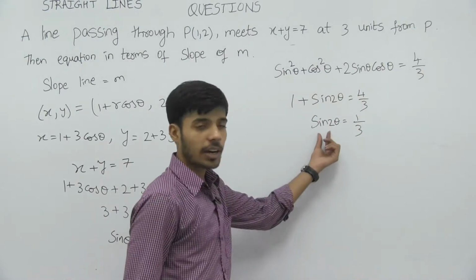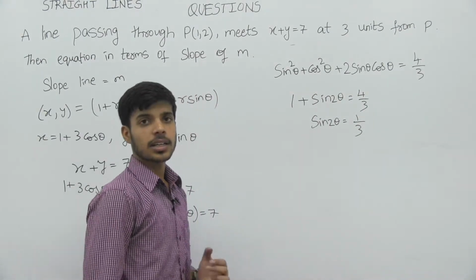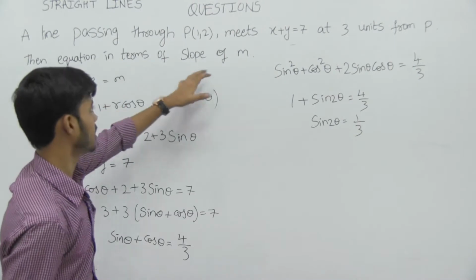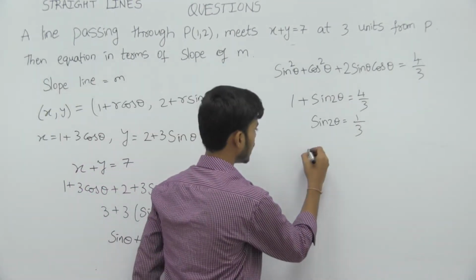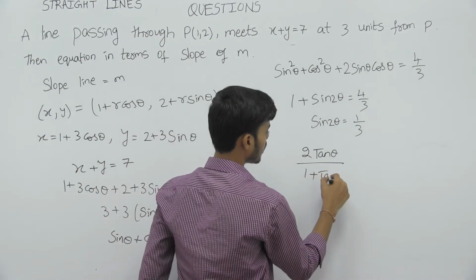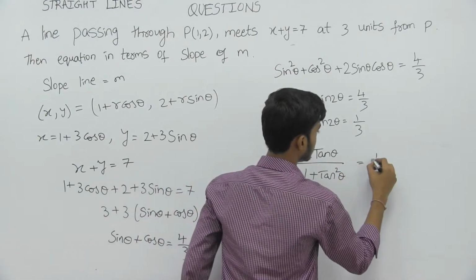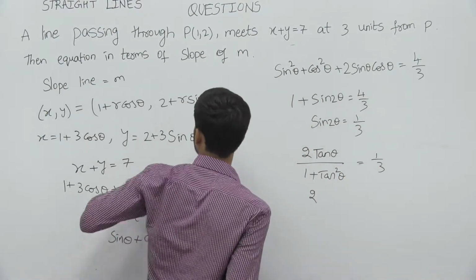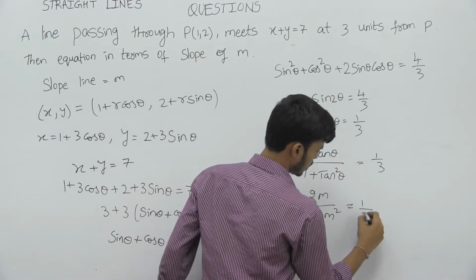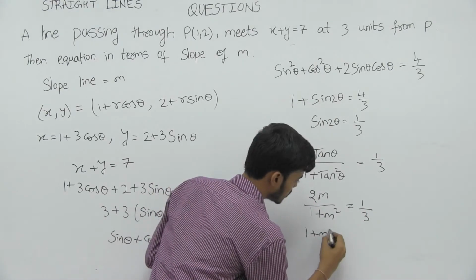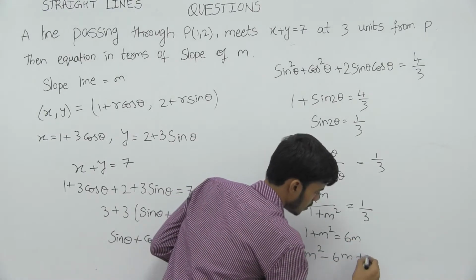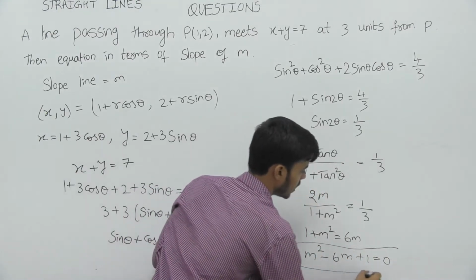Now we have to convert sin 2 theta into tan theta, because we know tan theta is the slope. Then we will finally get an equation in terms of slope. So sin 2 theta is 2 tan theta by 1 plus tan square theta, equal to 1 by 3. Tan theta is slope, so we have 2m by 1 plus m square equal to 1 by 3. 1 plus m square is equal to 6m. We get m square minus 6m plus 1 equal to 0. So this is the required equation.